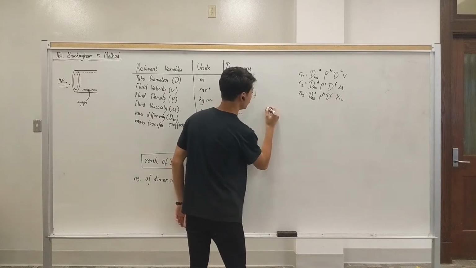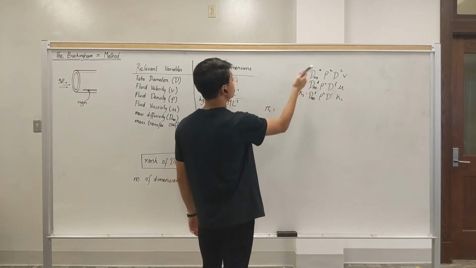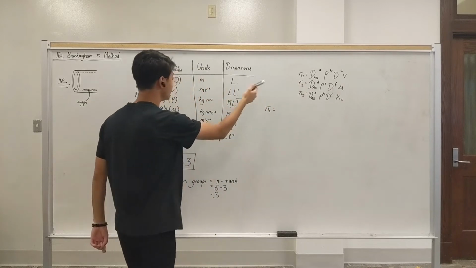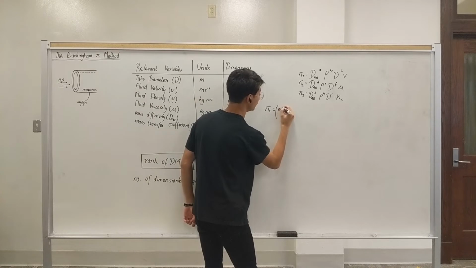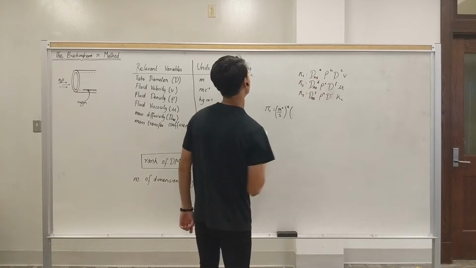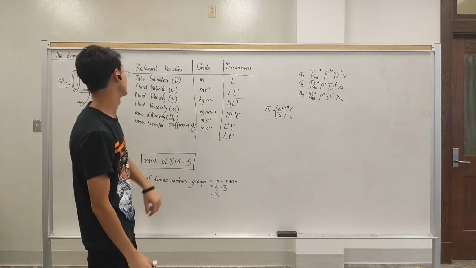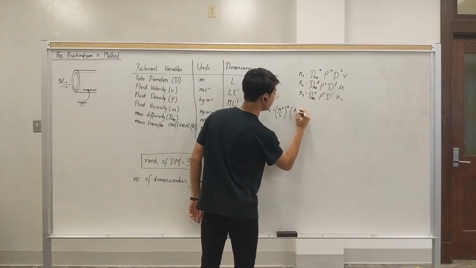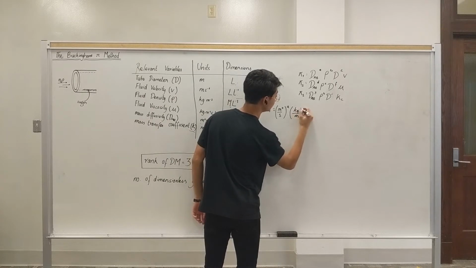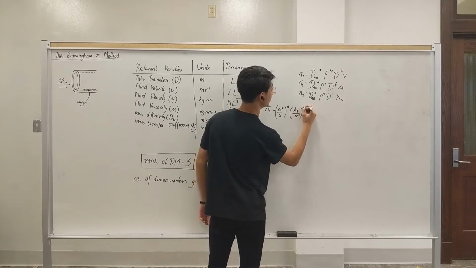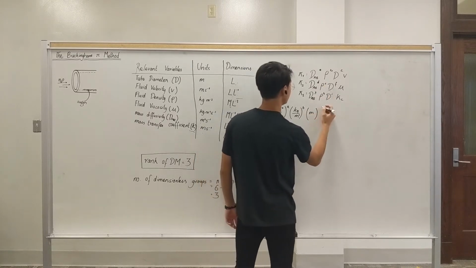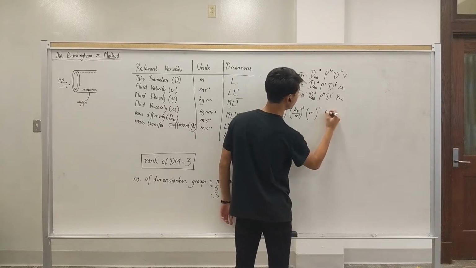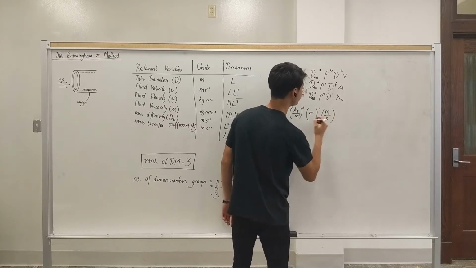So our pi 1 is equal to diffusivity, the units of diffusivity is meters squared per second. So that's meters squared divided by second, raised to the power of A. And then density. Density is kilograms per meters cubed. So that's kilograms divided by meters cubed, raised to the power of B. Diameter is simply meter raised to the power of C, and velocity is meters per second.